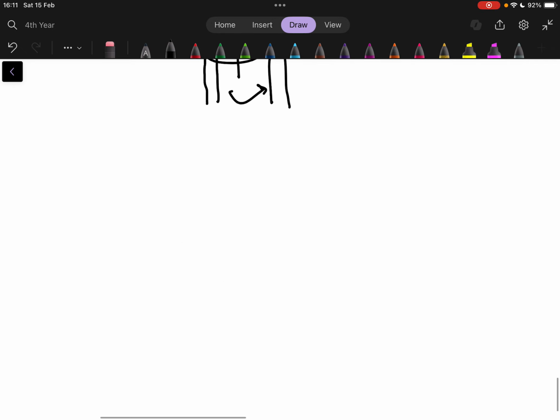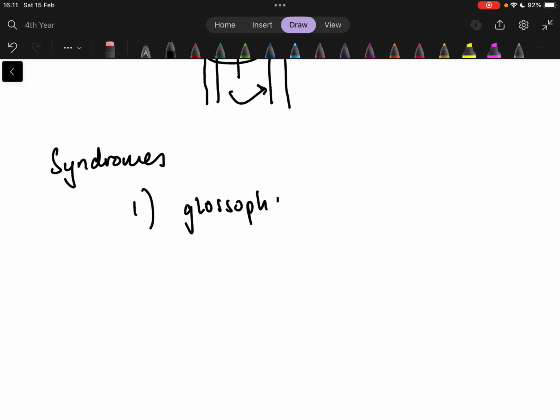So now let's talk about syndromes, okay? With the glossopharyngeal nerve, you can have something called glossopharyngeal neuralgia, and neuralgia just means pain, really severe pain, okay? Think logically about where the glossopharyngeal nerve is.